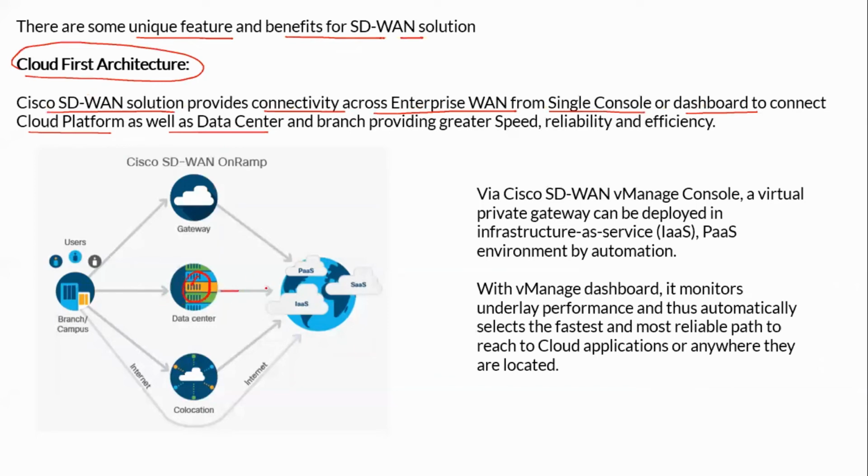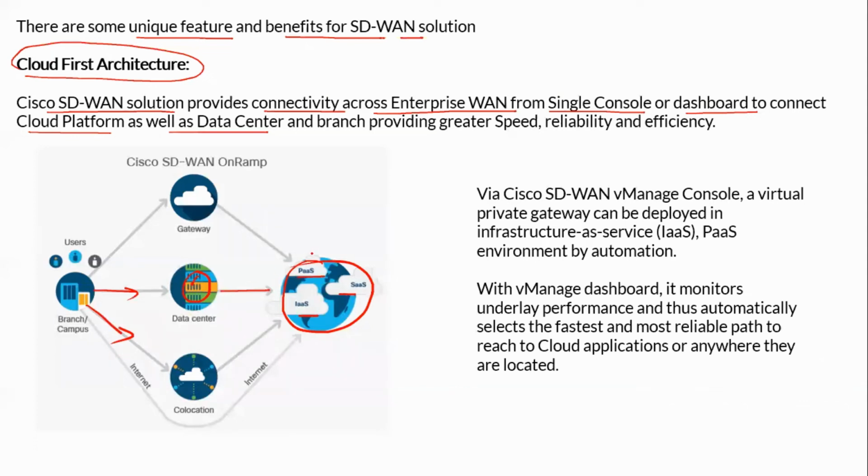If you have some applications in a cloud like PaaS, SaaS or IaaS, you can connect them, and you can do it via multiple links, like internet, 4G, 5G, anything. So it provides connectivity between your data center, your cloud platform, and your sites, keeping the reliability, efficiency, and speed at a very good pace.